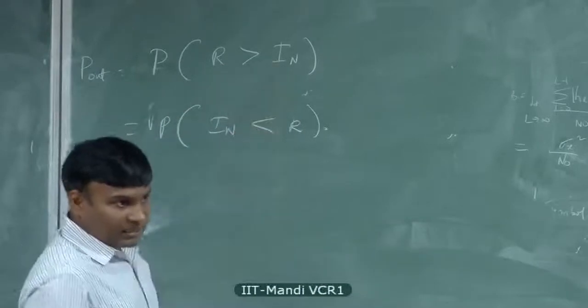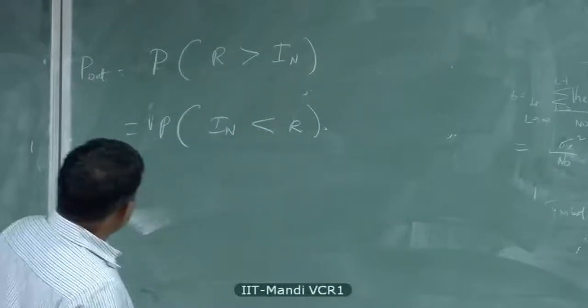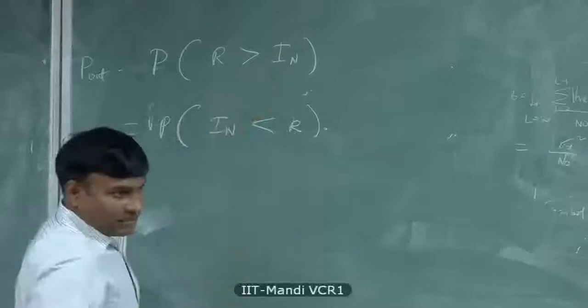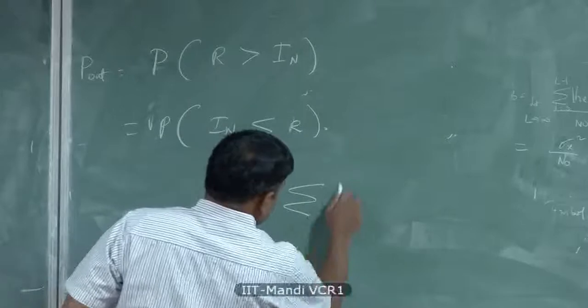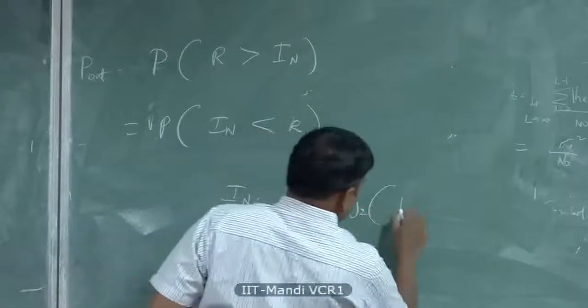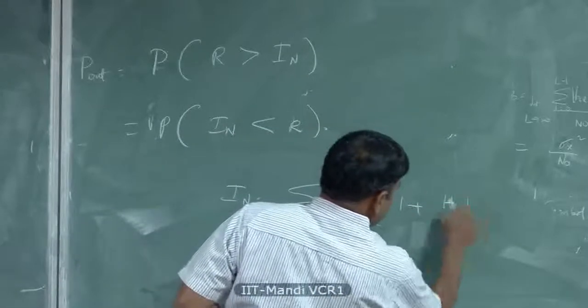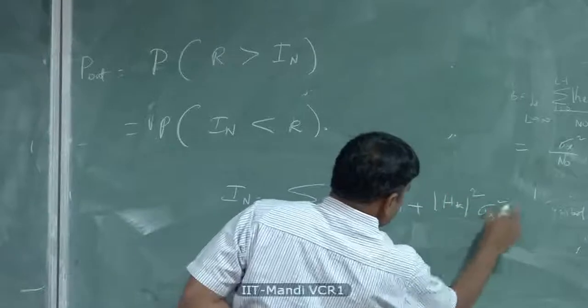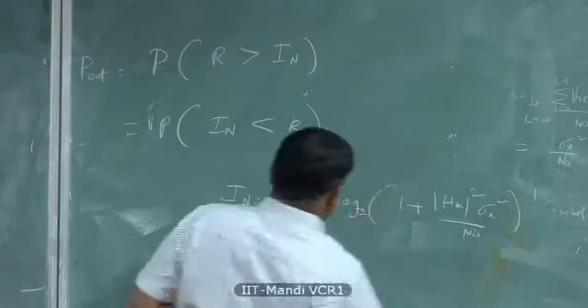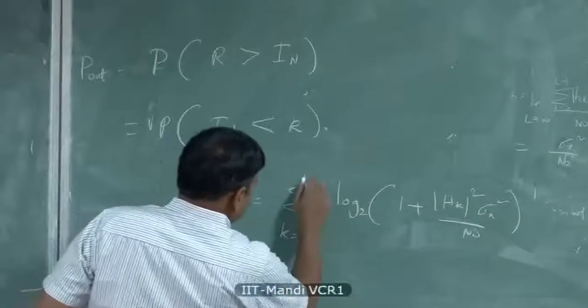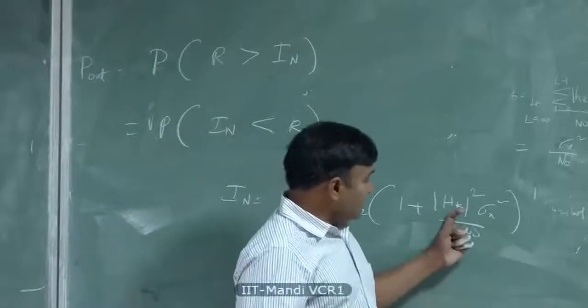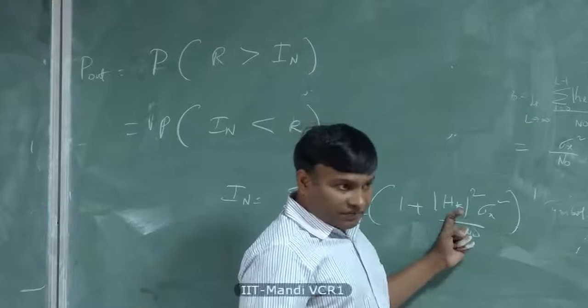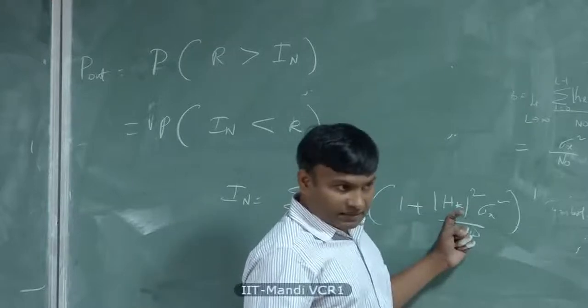Okay, you want to calculate this probability of occurrence of R greater than In. But what is really important is the underlying channel H of L and how many taps are there.